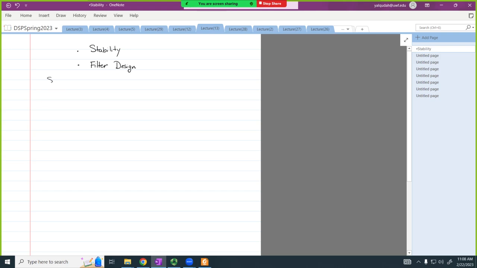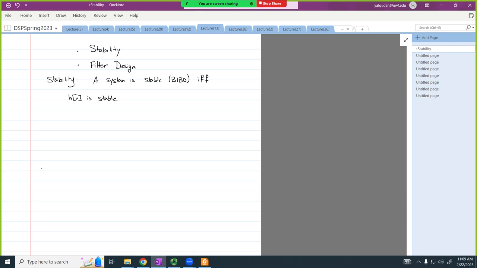So starting with stability, we said a system is stable, and of course by stability we mean bounded input, bounded output stability, if and only if h of n is stable. What is the condition on h of n for it to be stable?